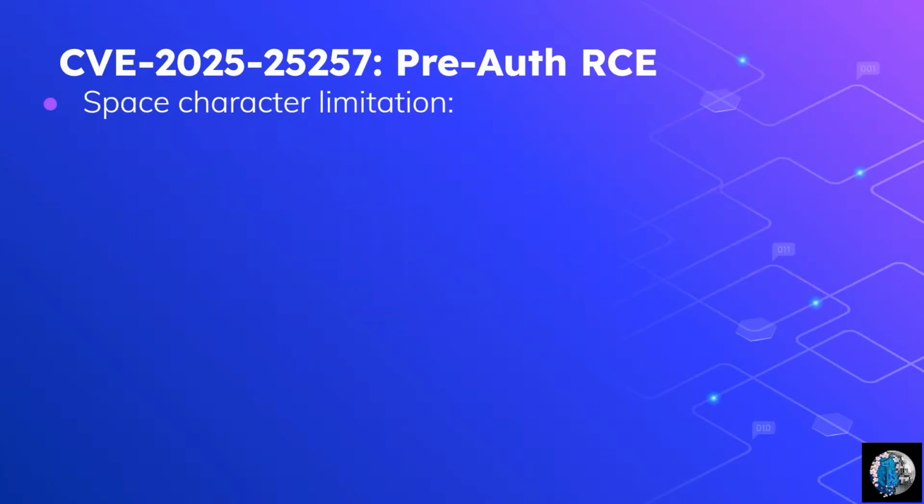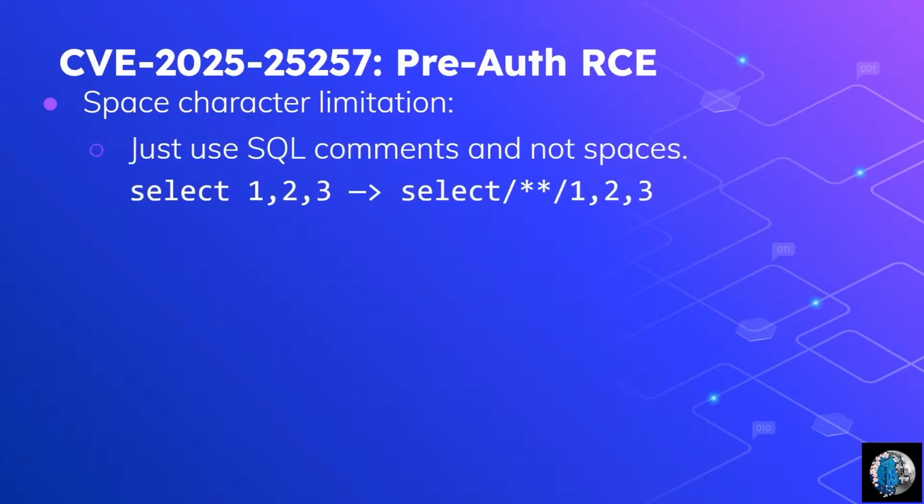The first one is the easiest one, the space character limitation. To overcome that, we just use SQL comments instead of spaces. If you want to do select 1, 2, 3, instead of a space, you can type an empty SQL comment.